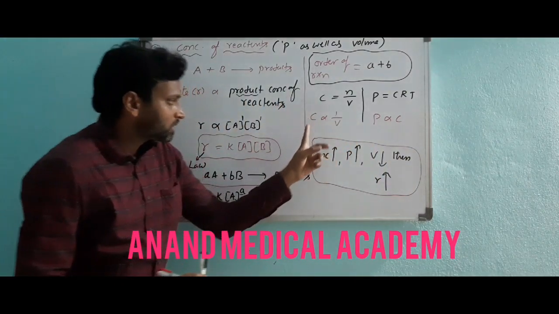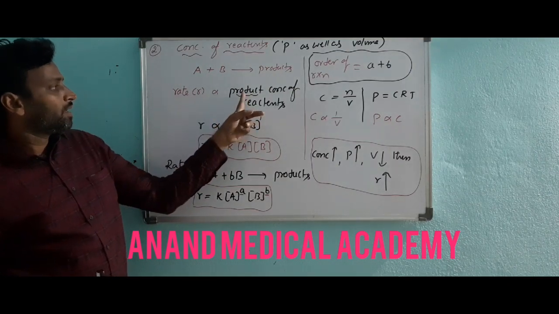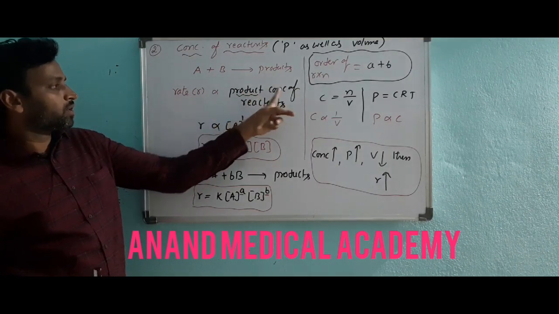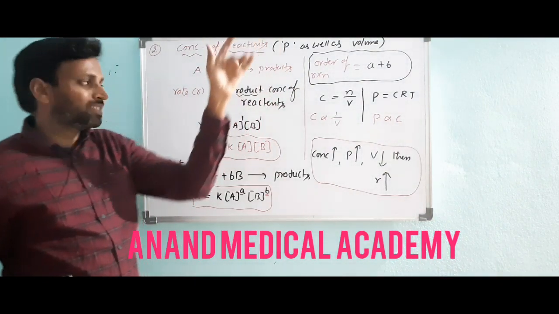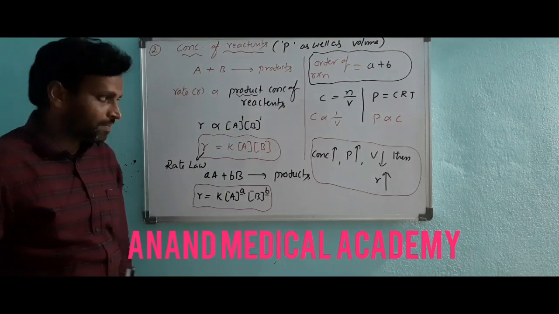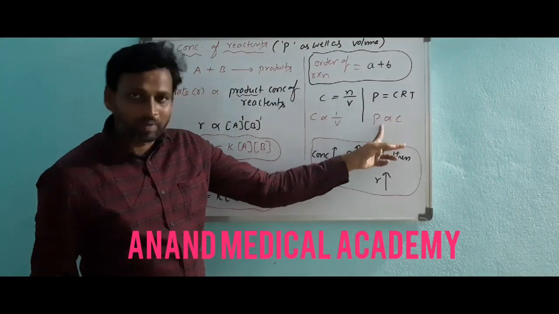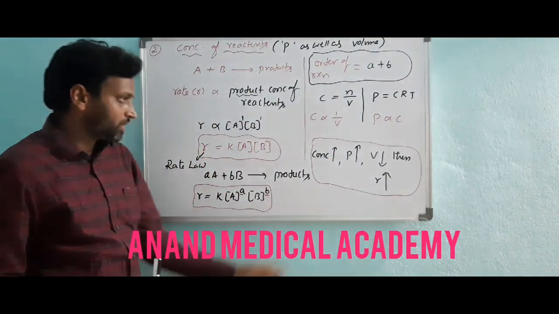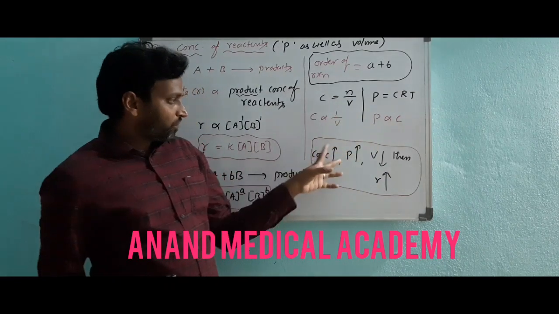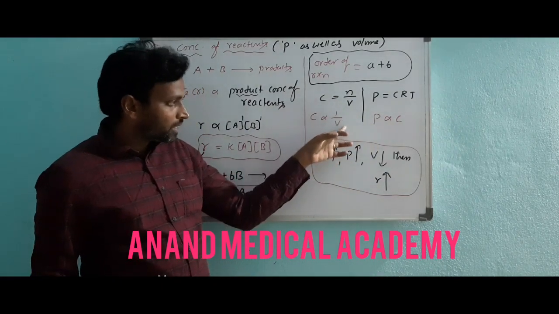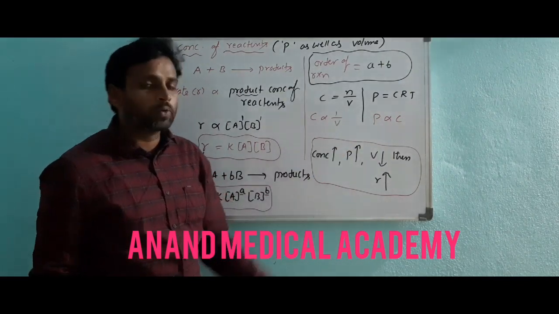Because the rate of reaction is directly proportional to the product of concentrations of reactants, if the concentration of reactants increases, the rate of reaction increases. Concentration increases, so pressure can increase, because pressure is directly proportional to concentration. If concentration increases, volume decreases, because concentration is inversely proportional to volume.